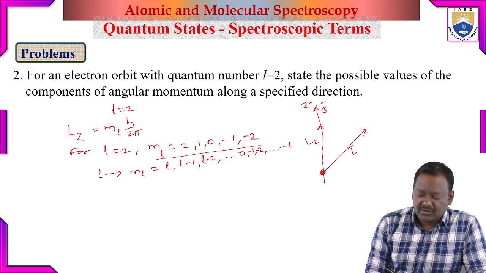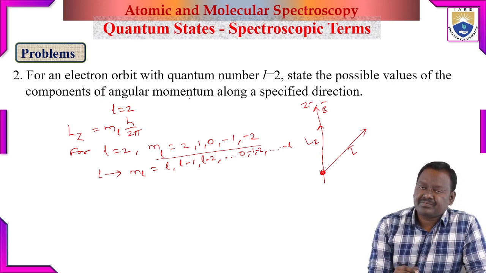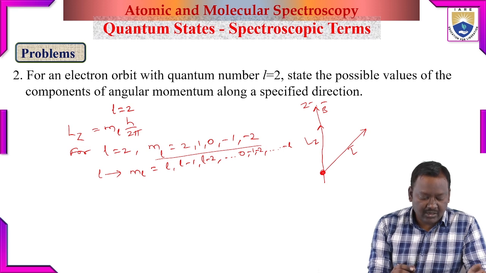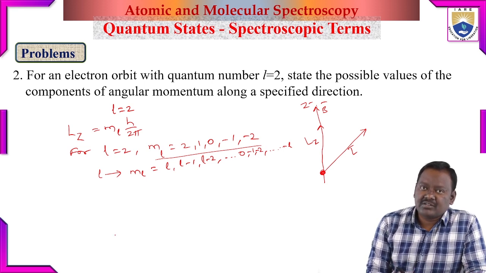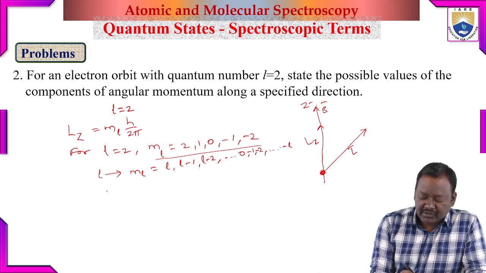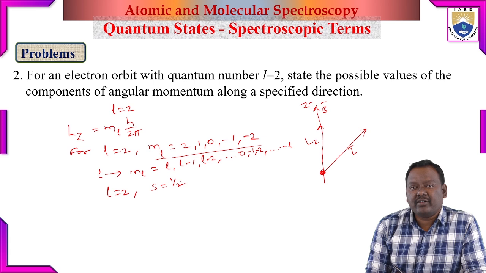So if you want to calculate the angular momentum here for a single electron, L equal to 2 and S, the spin quantum number, is 1 by 2.